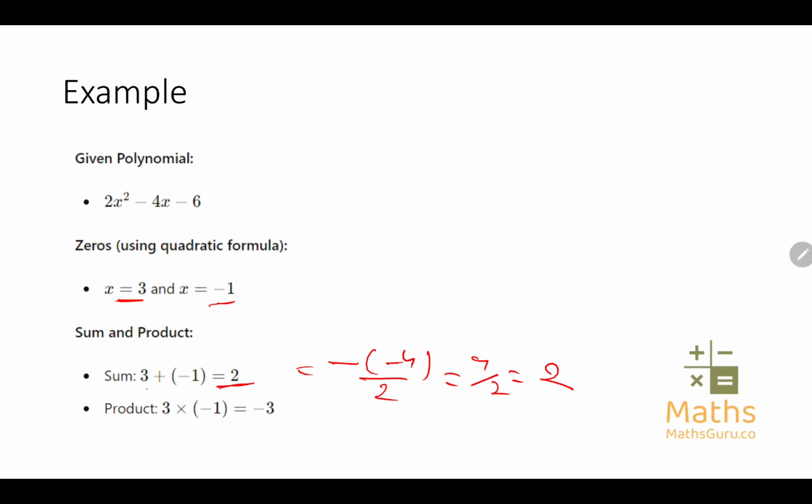The condition is fulfilled. And alpha into beta, 3 into minus 1, is minus 3. Here c by a, minus 6 by 2, would also be minus 3. So the condition meets, the relationship between the coefficients and the roots, or the zeros, of the polynomial.